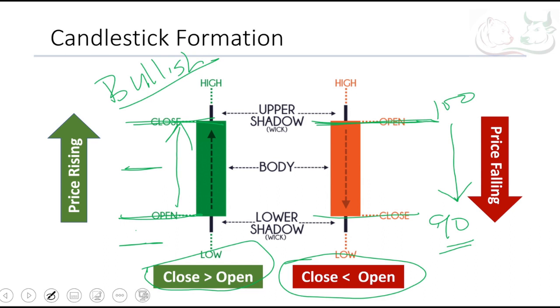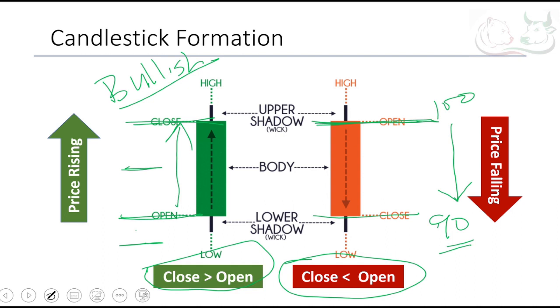That is how your red candle is formed. So I hope you're now clear on the difference between a red and a green candle. When your close price is lower than the open price, the formation will be red. If your close price is higher than the open price, the formation will be green, right?